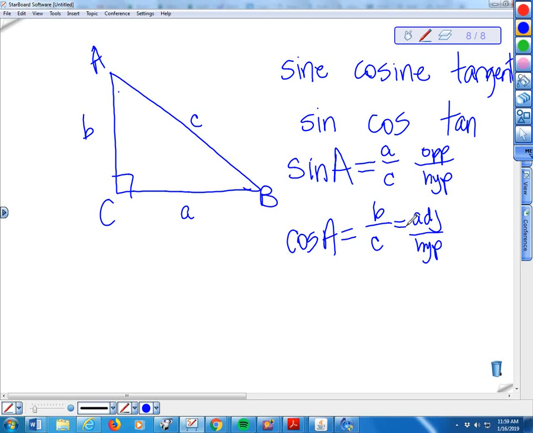Tangent of A is opposite over adjacent. And opposite is A, adjacent is B. And there's a nice acronym that helps you remember all of this.